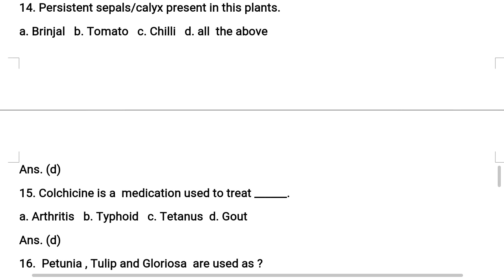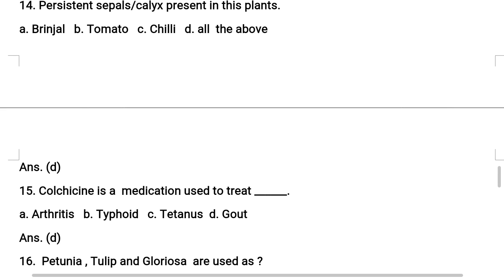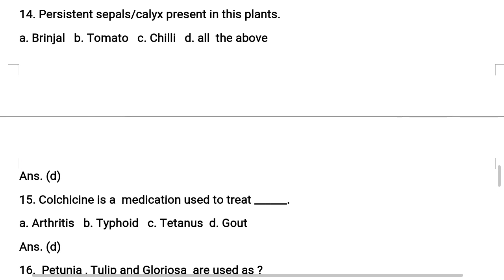Post-fertilization events are as follows. Generally, stamens, petals, sepals, everything should fall down. But in the case of brinjal, tomato, chili, the sepals remain and they are even eatable. Right? So those types of sepals are called persistent sepals.